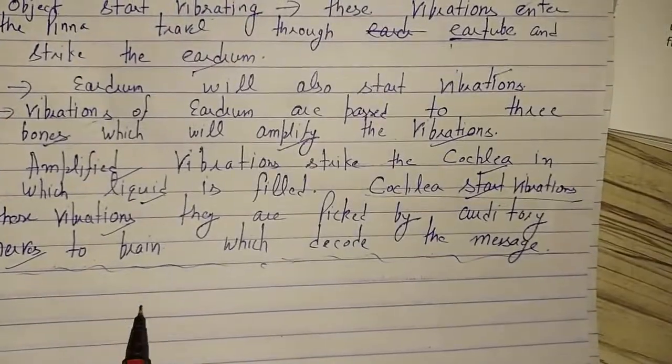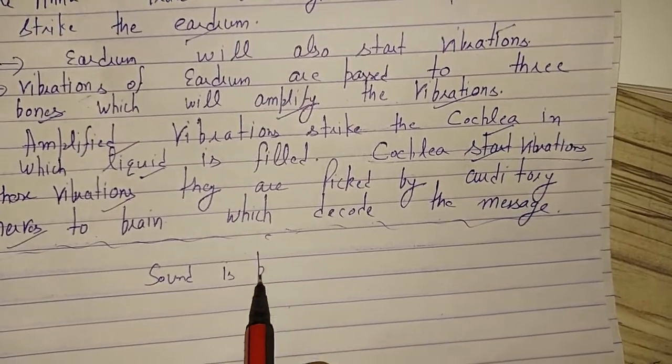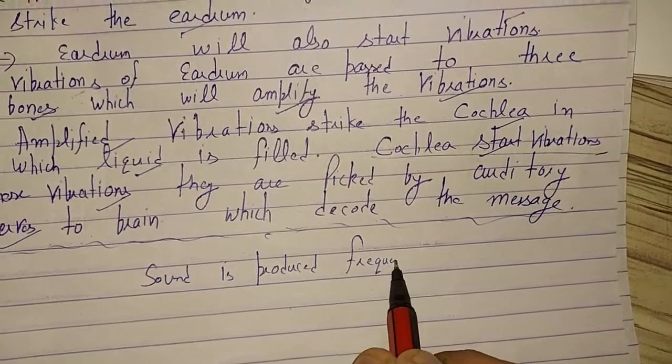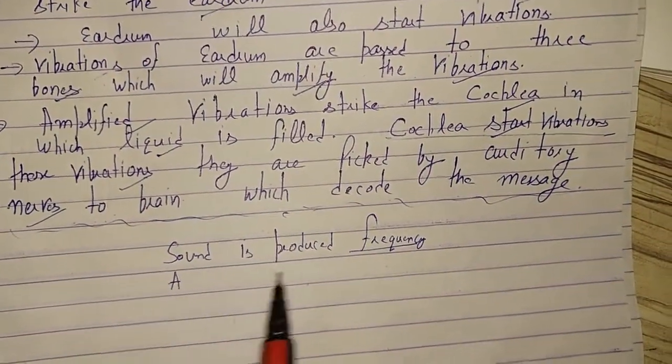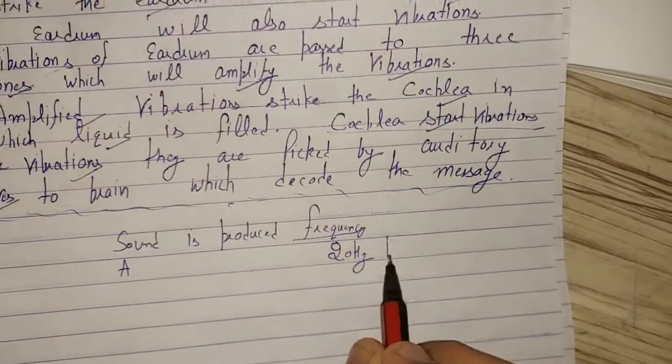Suppose a sound is produced, and this sound has a frequency. A human can hear a sound which is in the frequency range of 20 Hertz to 20,000 Hertz.